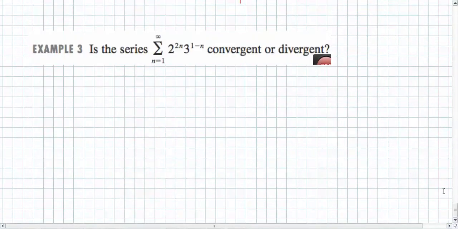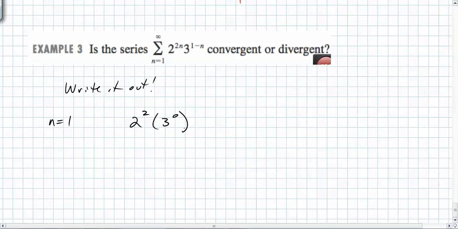How do we do that one? Let's just write out some terms, okay? When in doubt, write it out. So when n equals 1, what do we end up with? 2 to the 4th. So 2 squared times 3 to the, so that's going to be 4.